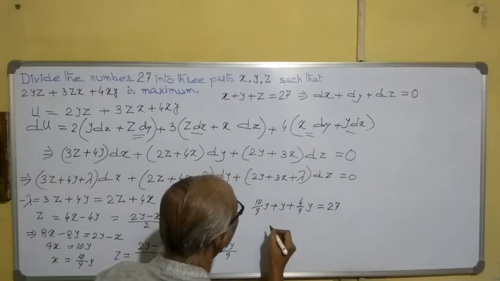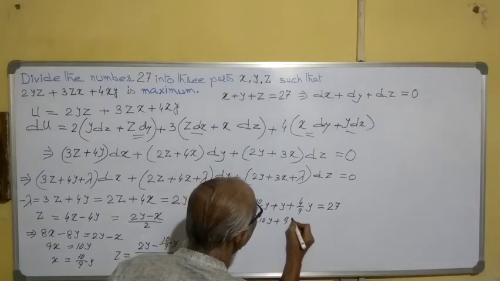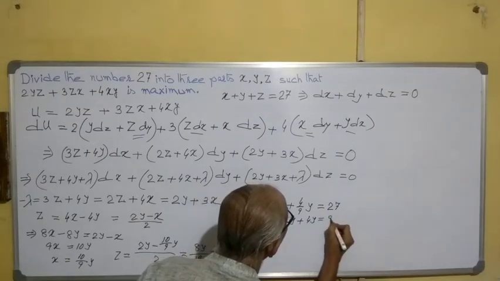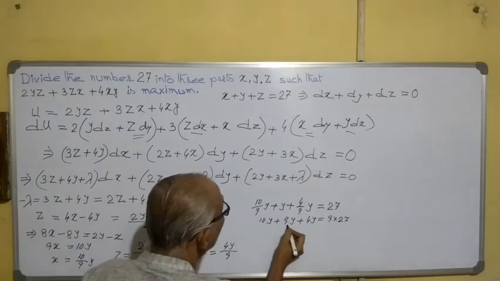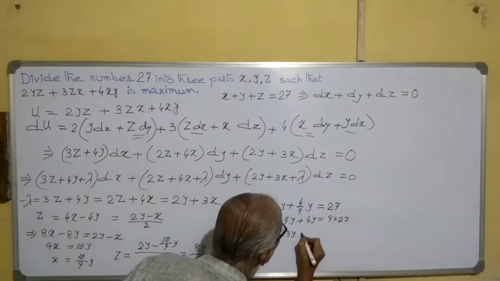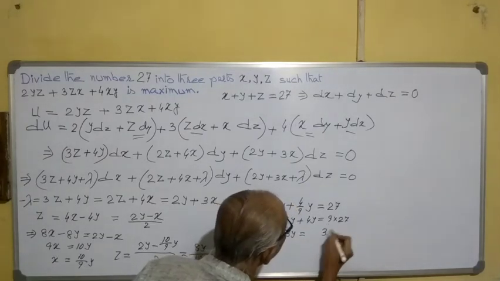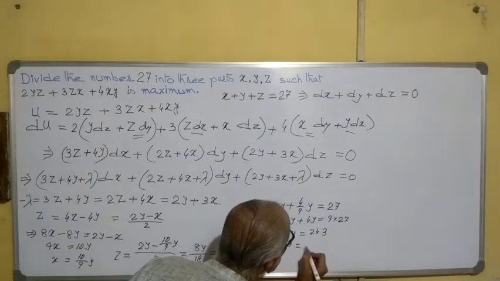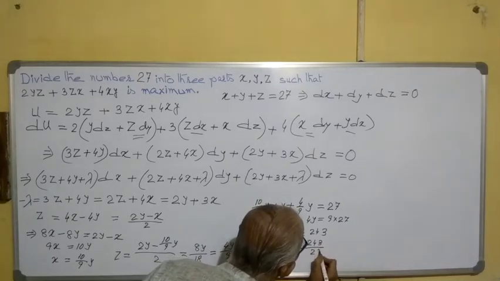So we get 10y plus 9y plus 4y equals 9 into 27, that is 23y equals 243. So y equals 243 by 23.